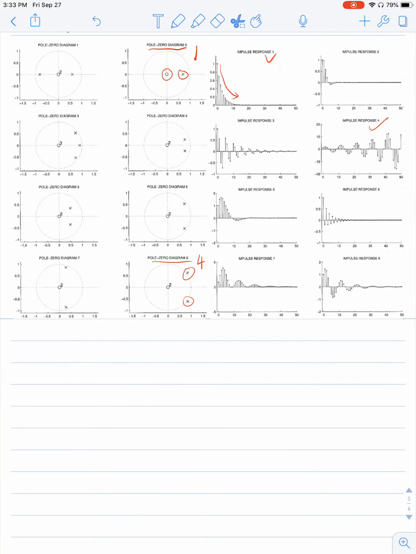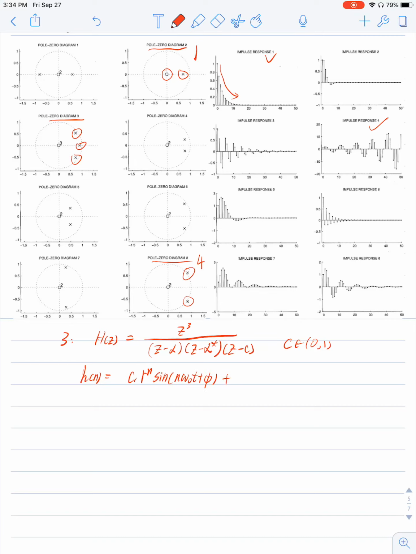Let's move on to diagram 3. It has a pair of complex conjugate poles and 1 real pole. So H(z) is in the form z cubed over (z minus alpha) times (z minus alpha star) times (z minus c), where c is between 0 and 1, and the corresponding impulse response is c1 r to the power of n sine(omega 0 n plus phi) plus c2 c to the power of n, times u[n].